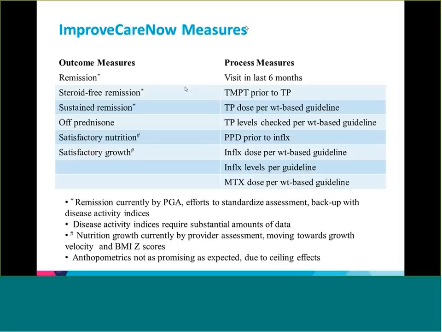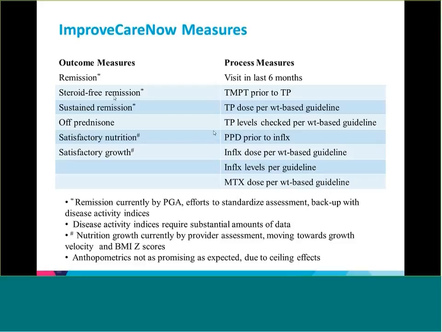I think you can go to either improvecarenow.com or improvecarenow.org. I'm not sure which, but if you just Google search Improve Care Now and say Crohn's or colitis, you'll be able to find it. And they have defined these outcome measures as the ones that they believe are worth chasing.